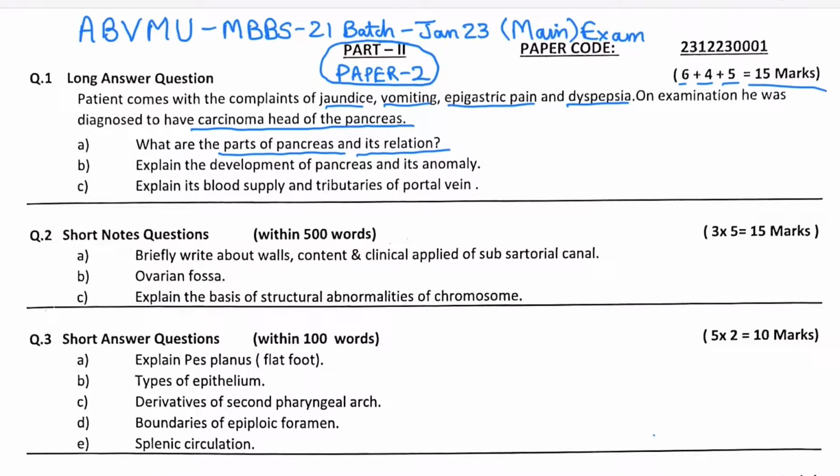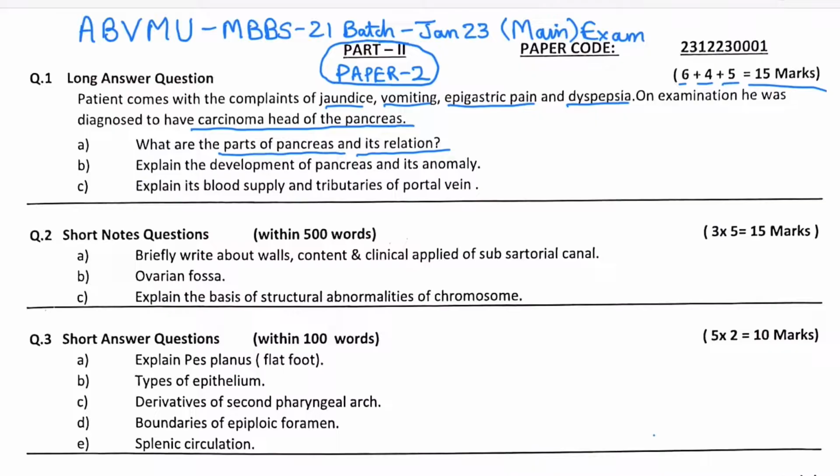While in posterior relation, it will have the common bile duct in its upper portion, the inferior vena cava, the right renal vein, the right crus of the diaphragm, and behind the uncinate process, there will be the abdominal aorta. And what lies anterior to the uncinate process is the superior mesenteric vessels, the vein and the artery.